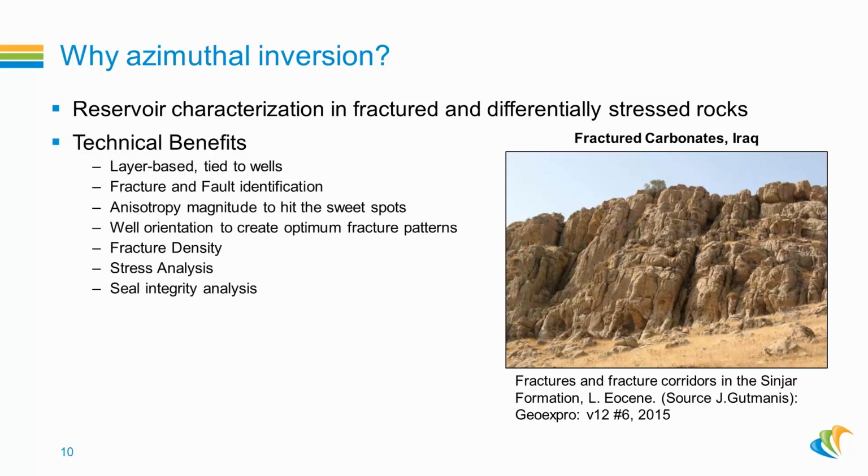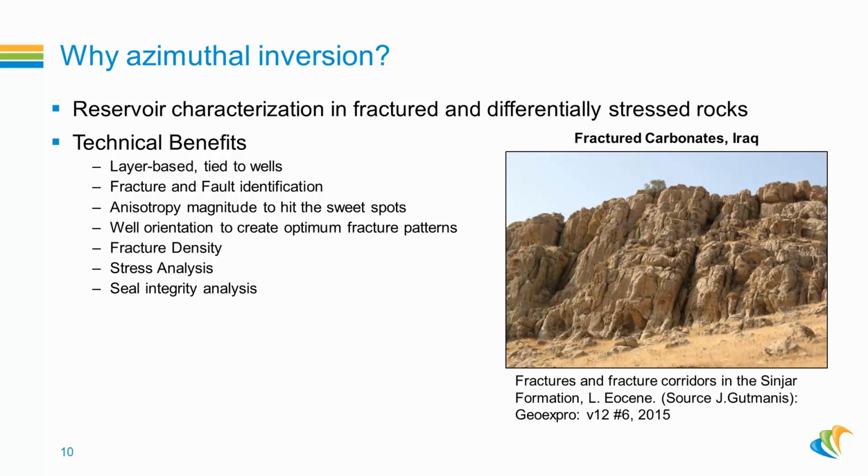And the technical benefits of doing azimuthal inversion are that you have a layer-based model, so you can tie it to the wells. It's not interface-based. Fractures and faults can be identified. You can look at the anisotropy magnitude to hit the sweet spots in your reservoir.